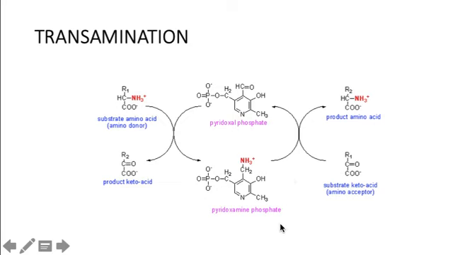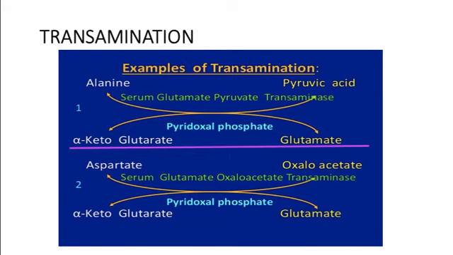So we look into the examples of these. There are two important enzymes that we know in transamination, that is serum glutamate pyruvate transaminase and serum glutamate oxaloacetate transaminase. Here, alanine plus alpha ketoglutarate gets converted to pyruvic acid and glutamate.